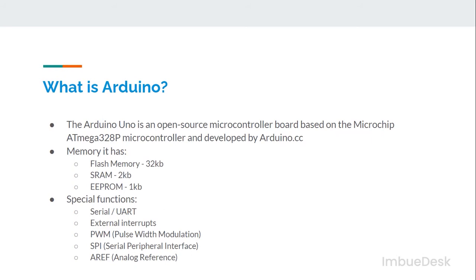Let us first know the difference between a microcontroller and a microprocessor. A microcontroller is a small computer on a single metal oxide semiconductor integrated circuit chip.